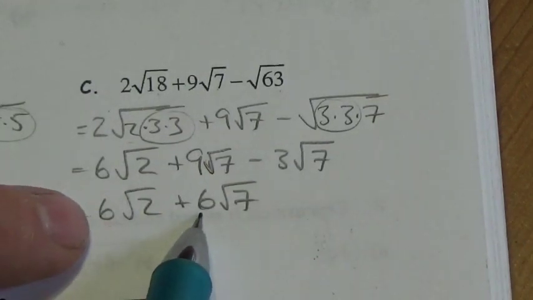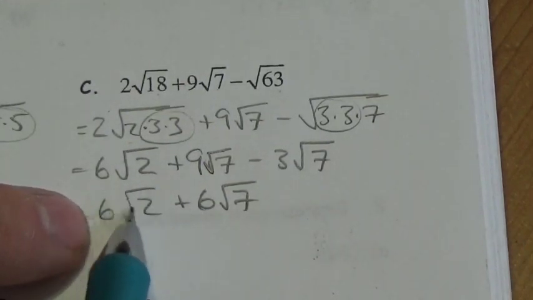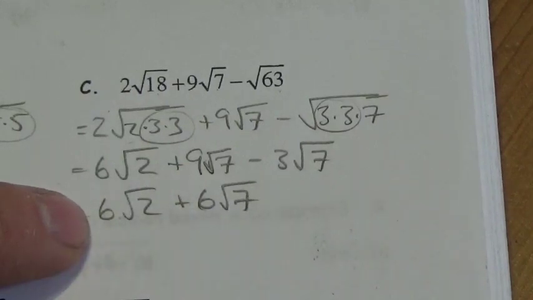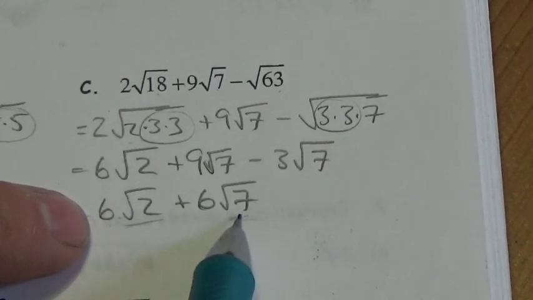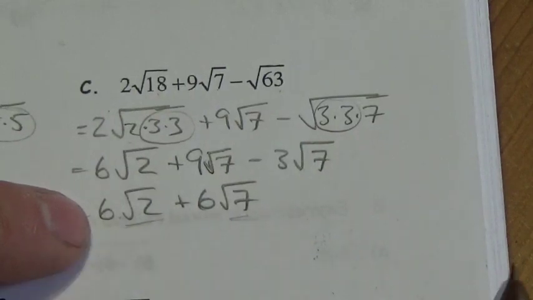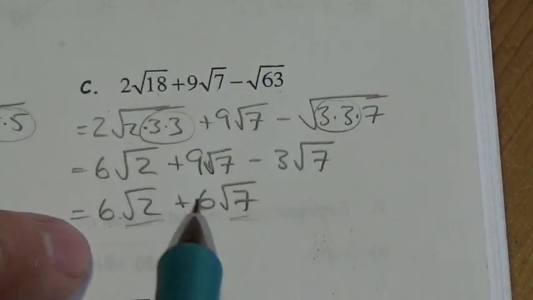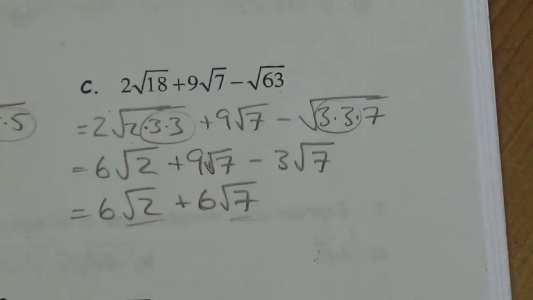Yeah, but remember that 6 and that 6 are telling us how many of these radicals we've got. But these radicals are not related to each other. I cannot add root 2's and root 7's together. They are completely different. So that turns out that is the end of it.